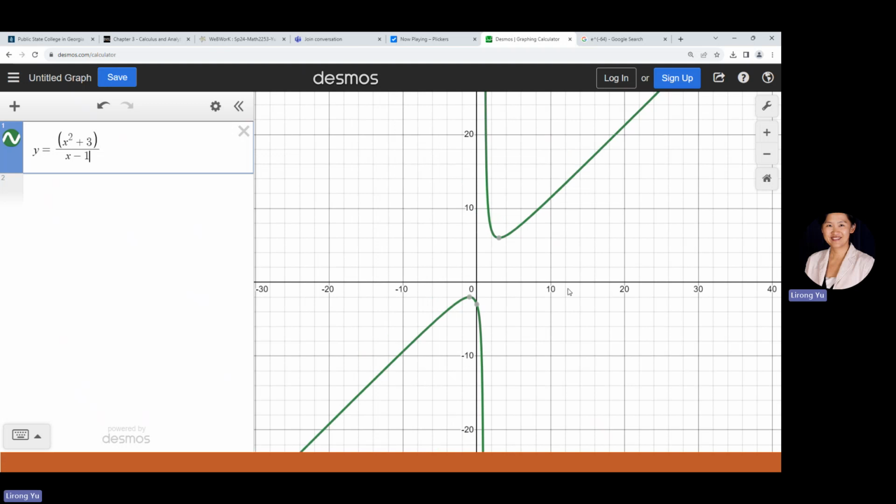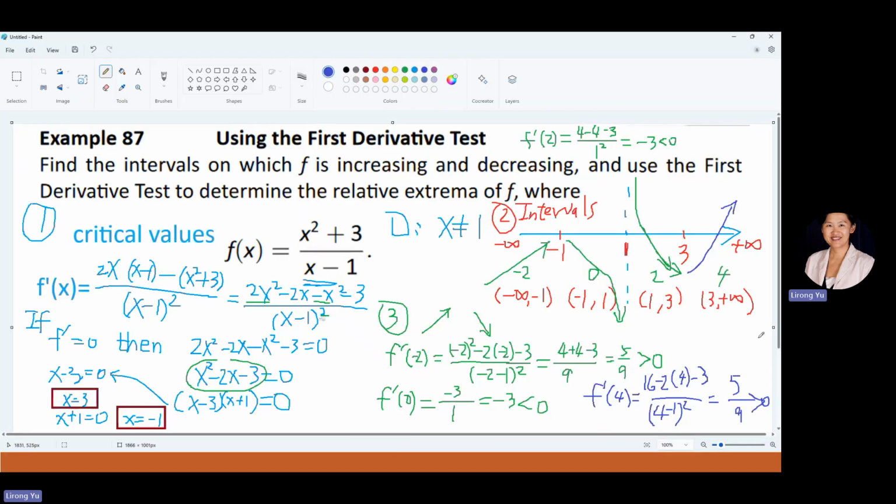So we have increasing, then decreasing to infinity, decreasing, then increasing. We can see that our picture did show the increasing and decreasing behavior, but because we didn't calculate any y value, it looks like they could be achieving the same value, which they did not. This is way lower than this.